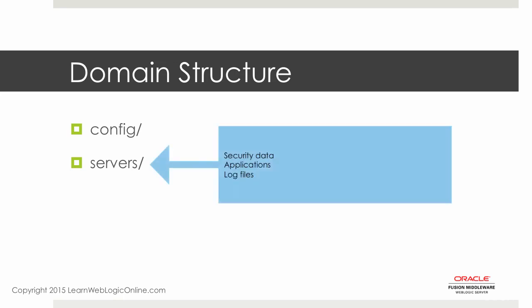So for instance, the admin server has its own directory under servers, and any managed servers would live underneath this servers directory. And within each one of those servers directory, you'll have additional directories for security data associated with that server, applications that are deployed to those servers, and it's also where you'll find the log files for those servers.